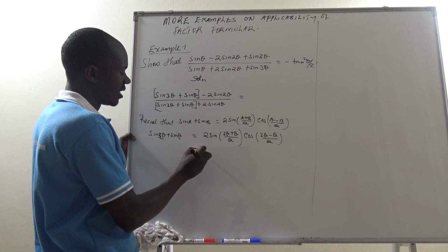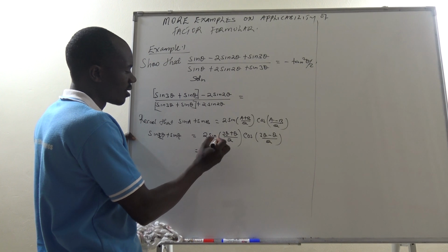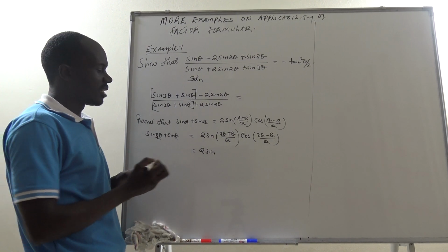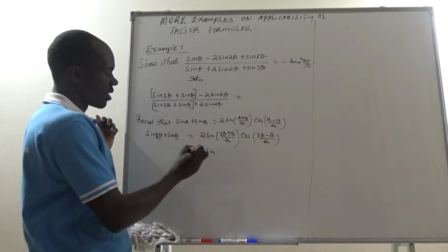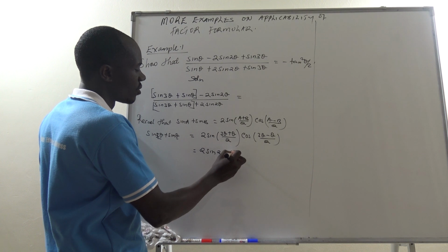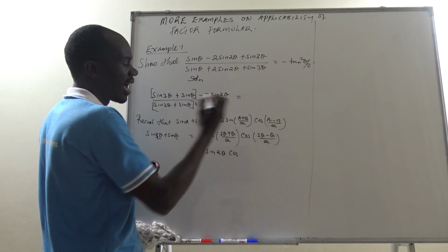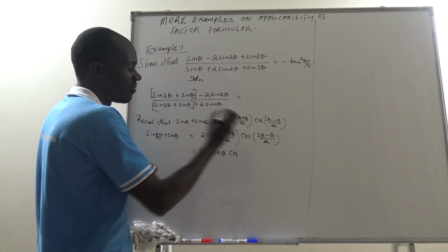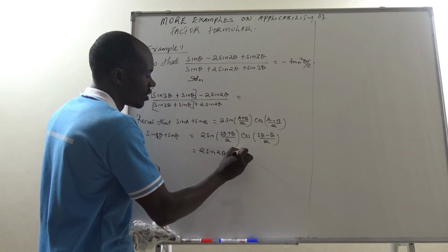This becomes 2 sin of 4 theta divided by 2, which is 2 sin 2 theta, cos of 2 theta divided by 2, which is theta.